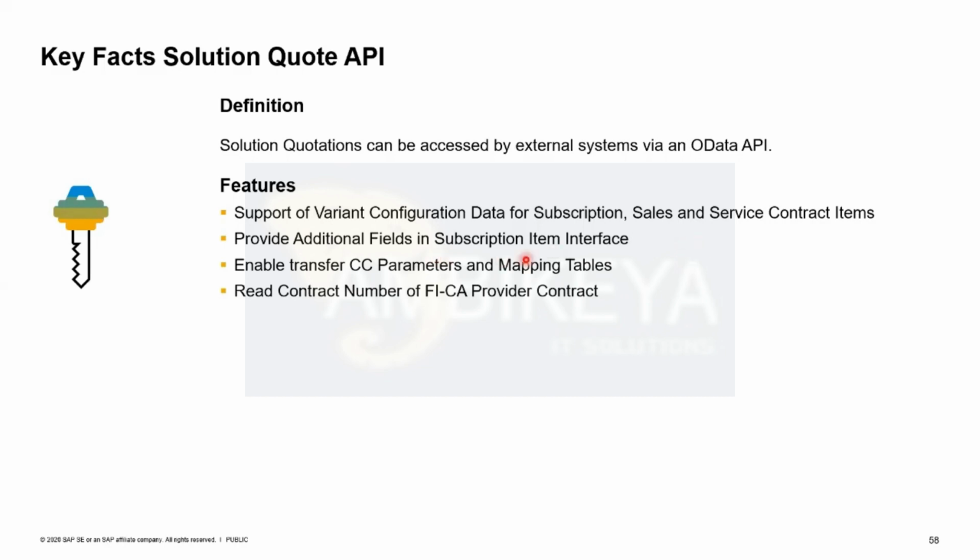Also, a few more fields are added in subscription item. It is also now possible to transfer CC parameters and mapping tables using the solution quote API. And once the quotation is created and accepted, it is now possible to also read the contract number, the FICA contract number, with respect to that particular quotation.